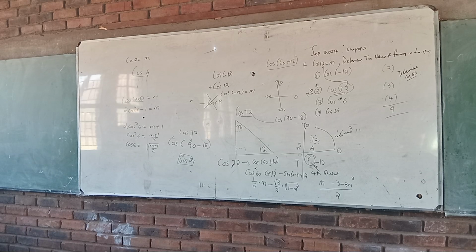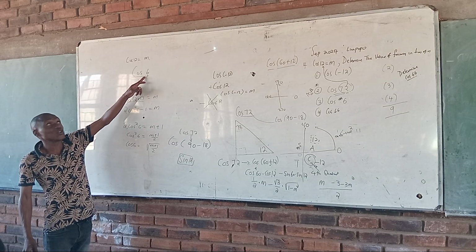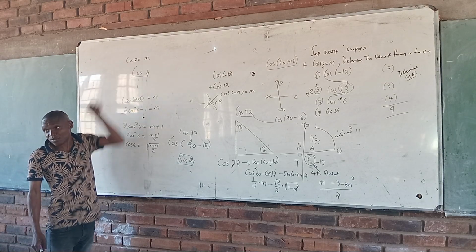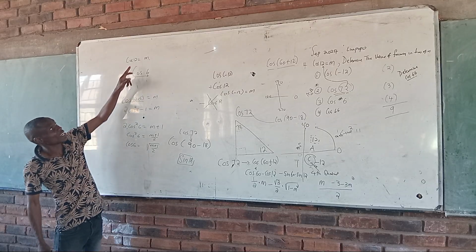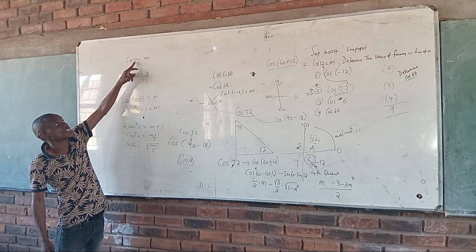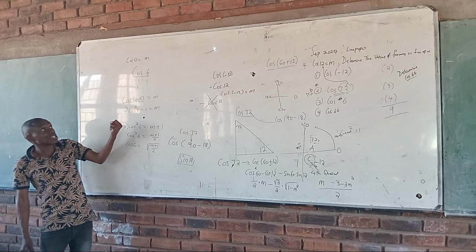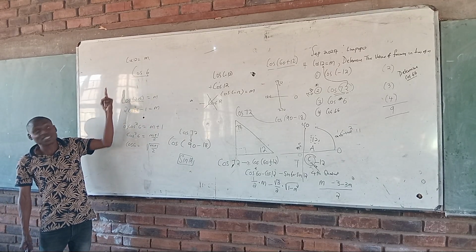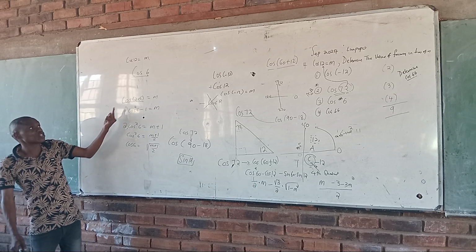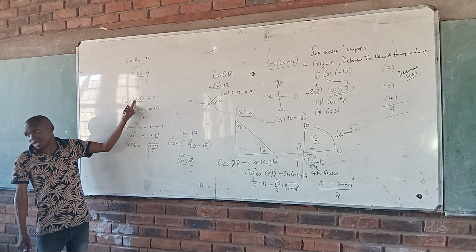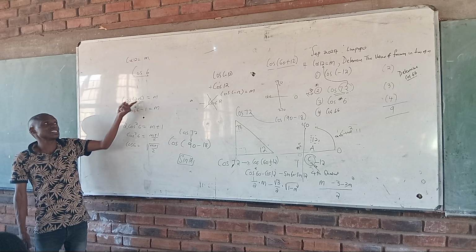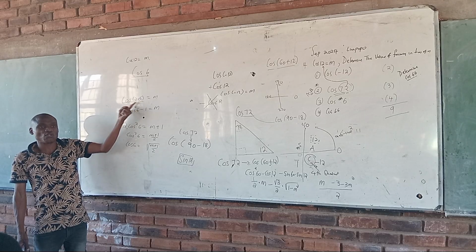So they want to know the value of cos 6. What did they give you? Cos 12. So you see there is a relationship between these two angles. They have to do with the double angle. 12 is 6 twice. So you think of this as a double angle of cos.